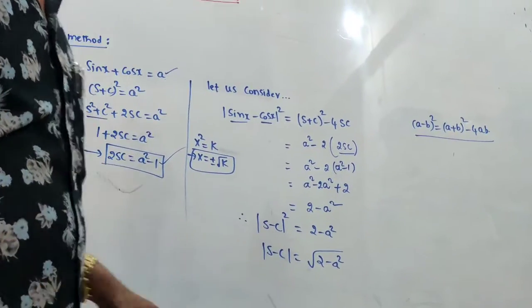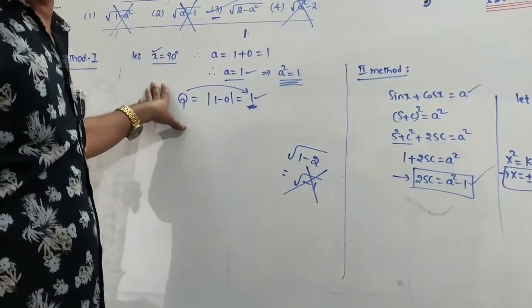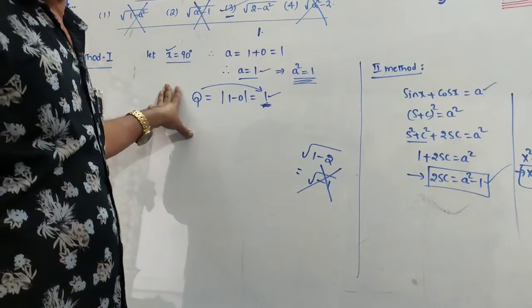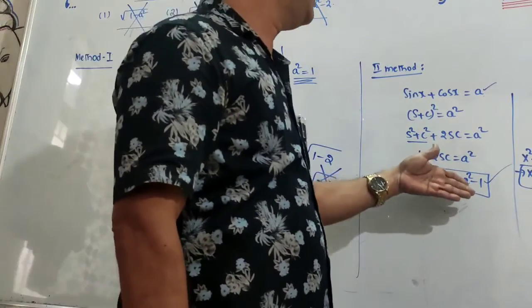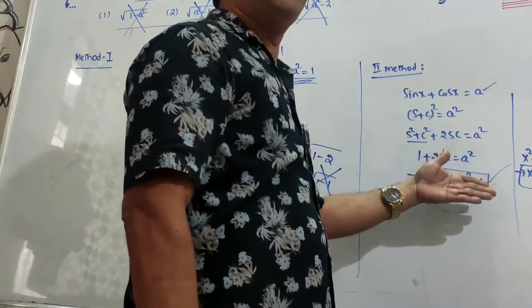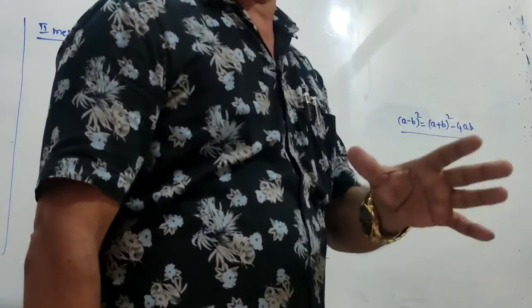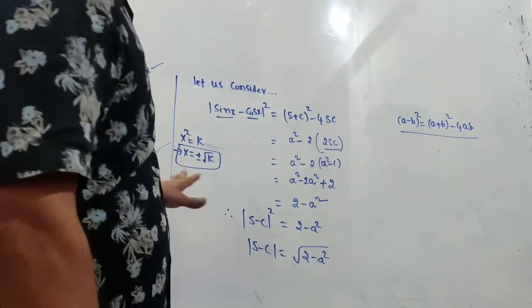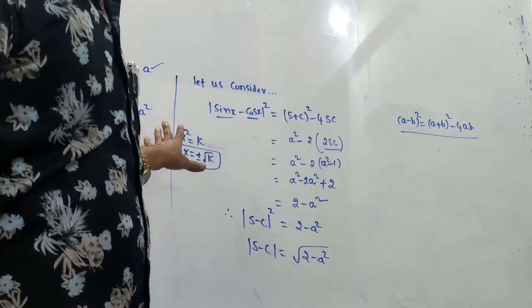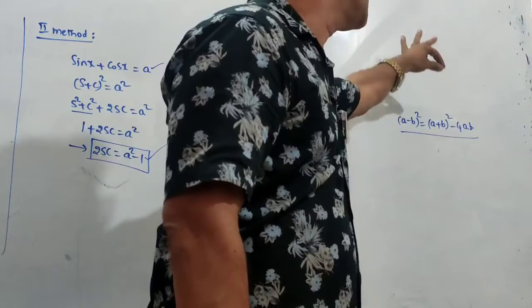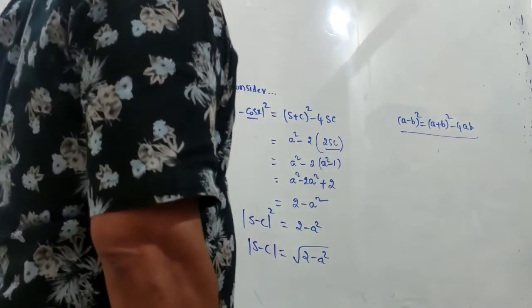Okay, you come here. The shortcut will be finished within a fraction of a minute. I knew that very well. Then, what is the need of introducing this second method? Just to recall and explain the application of some algebraic formulae, I took the second method. In this second method, what we are learning is that (a minus b) whole square is equal to (a plus b) whole square minus 4ab.